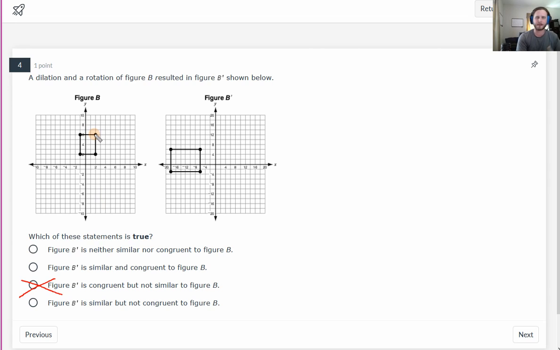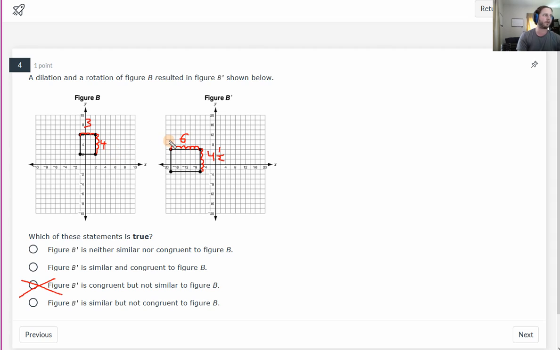First, I'm going to verify if this really is a good scale. The short side was 3 units wide. The new short side is 1, 2, 3, 4.5. So we went from 3 to 4.5. The long side went from 4 and is now 1, 2, 3, 4, 5, 6.